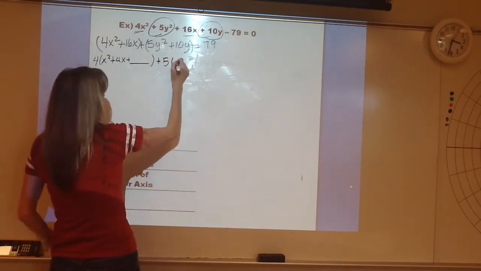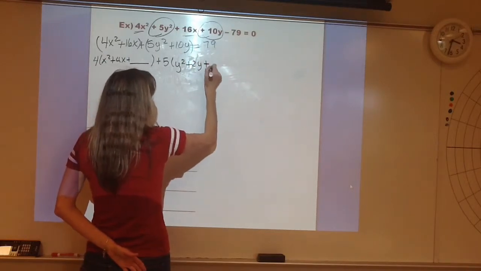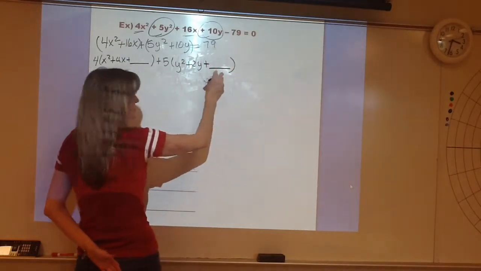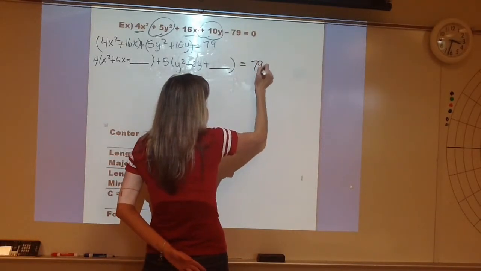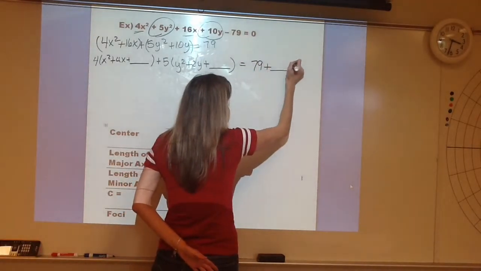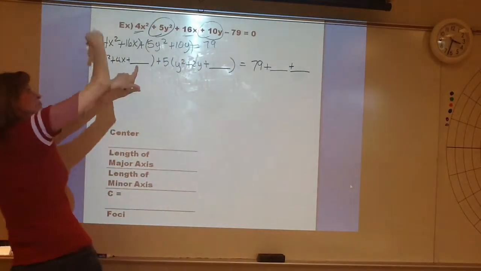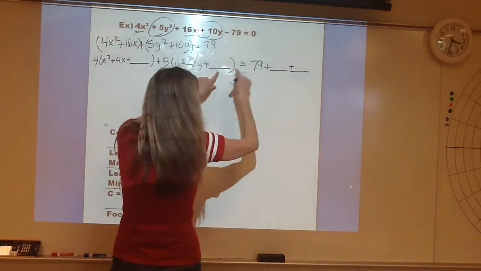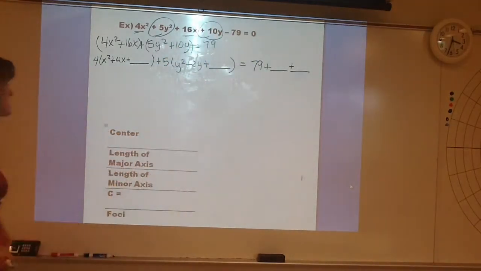So when I factor out the 5, I get y squared plus 2y plus something to complete the square with the y, equals 79 plus something, because this is what came from my x parentheses, times 4. This was my y parentheses times 5. So make sure you don't forget that step.